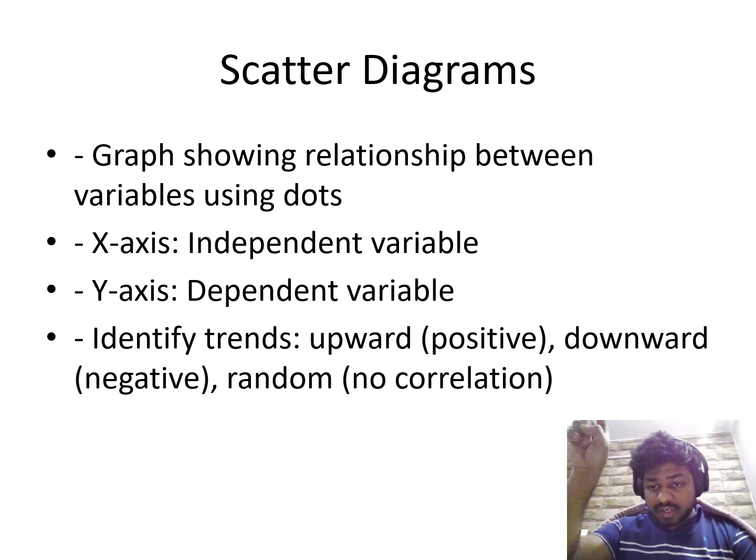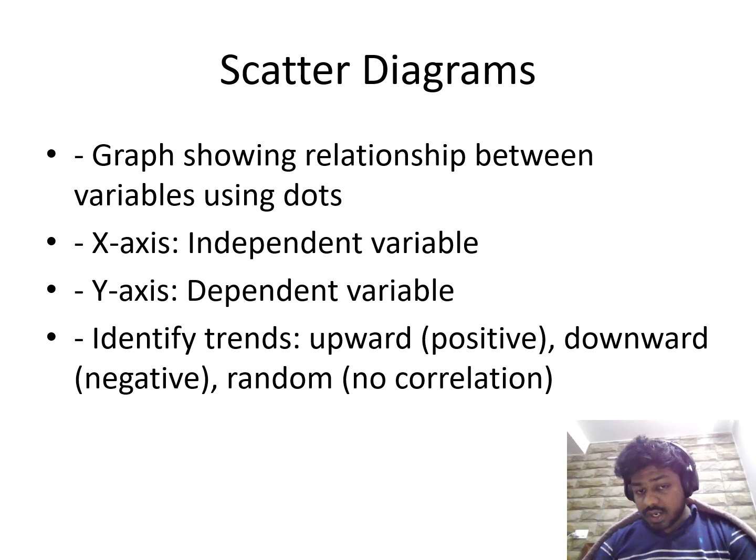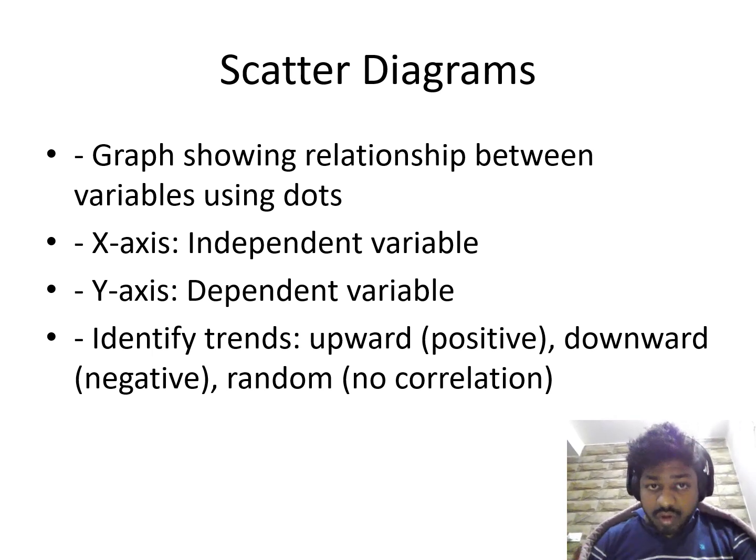If the trend is going up, it is a positive trend, meaning a positive correlation. If it is going down, then it is negative correlation, and if the graph is just going randomly, then it has no correlation.